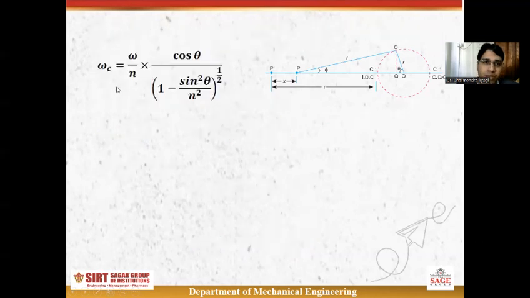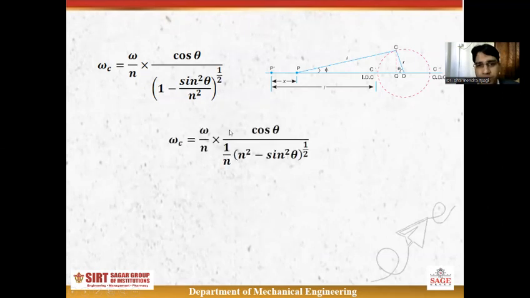And then we have the value of ωC, that is the angular velocity of the connecting rod: ω upon n into cos θ divided by (1 minus sin²θ upon n²) raised to power 1/2. By solving this equation, taking the LCM, we have 1 upon (n² minus sin²θ) raised to power 1/2.